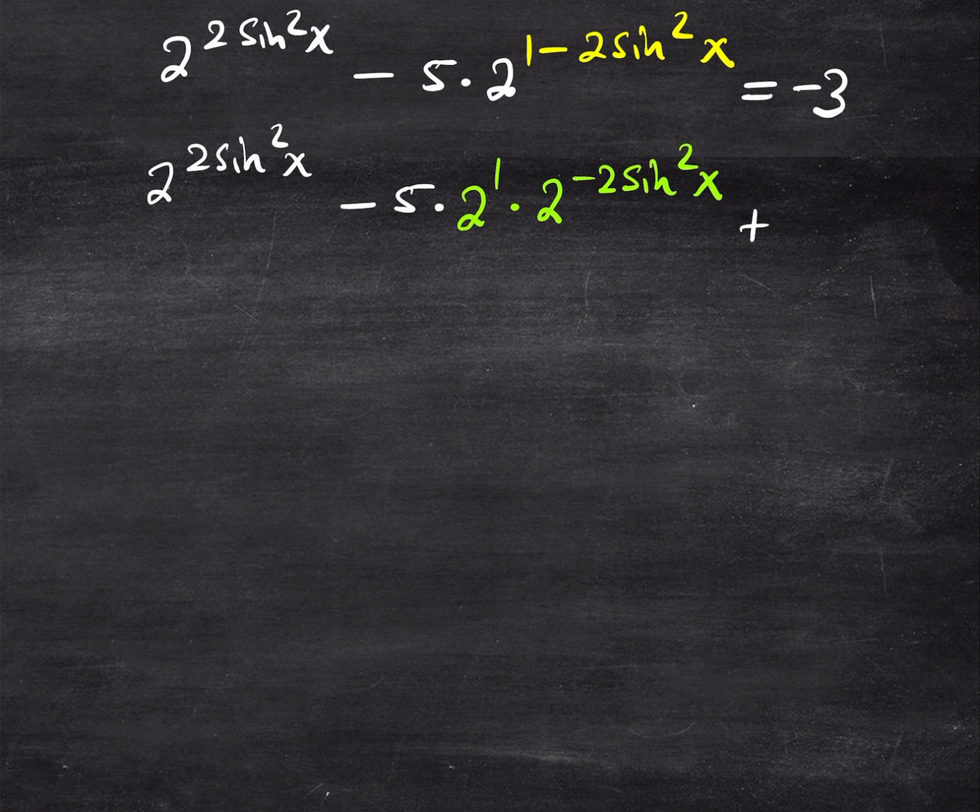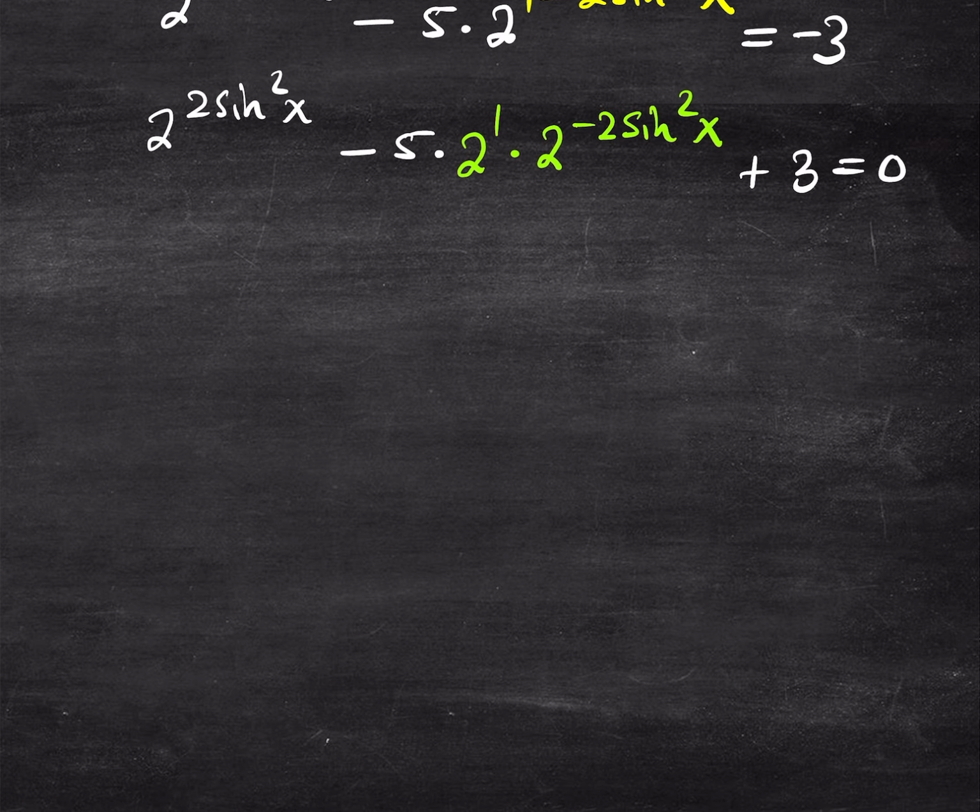Now you can bring your 3 this side to have the equation in that particular order. From here, it's just to remember your algebra to say that this quantity of 2 sine squared is also repeating here. So you can let that be your k. So basically this is a k method, but in a nice way.